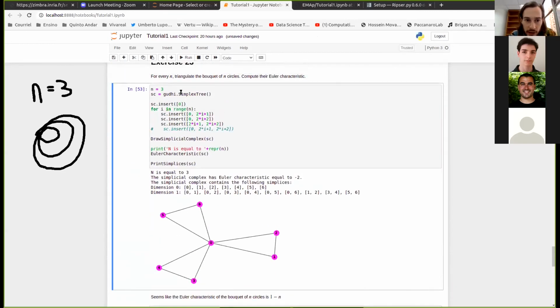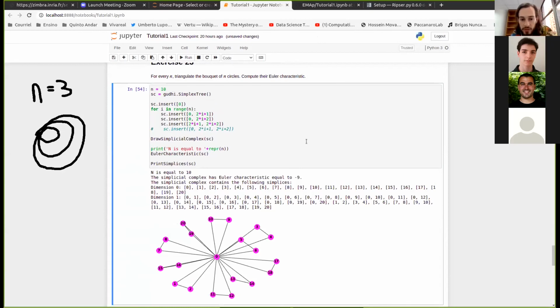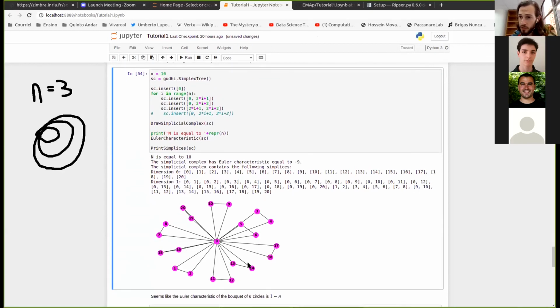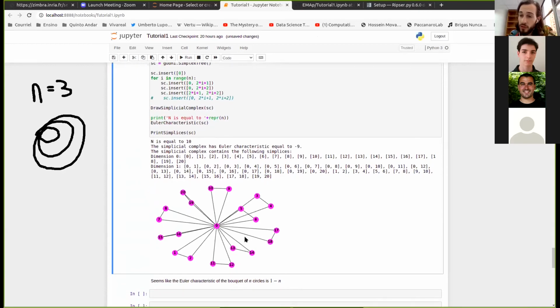Let me make a comment. Sometimes the library NetworkX does not plot the graphs very well.